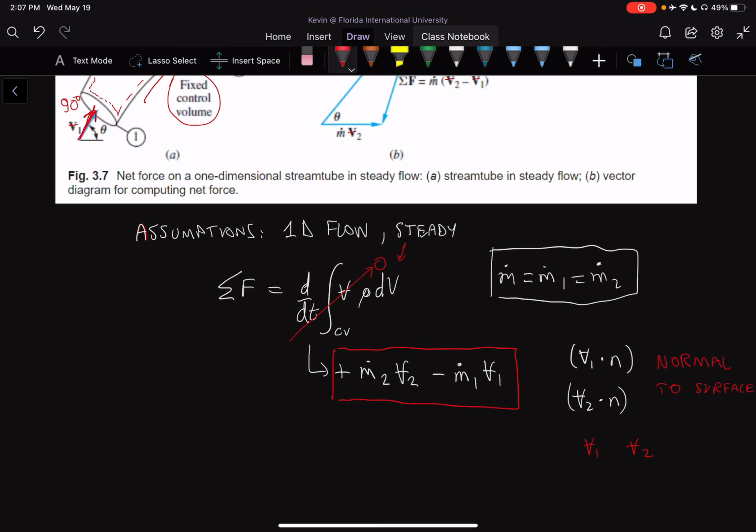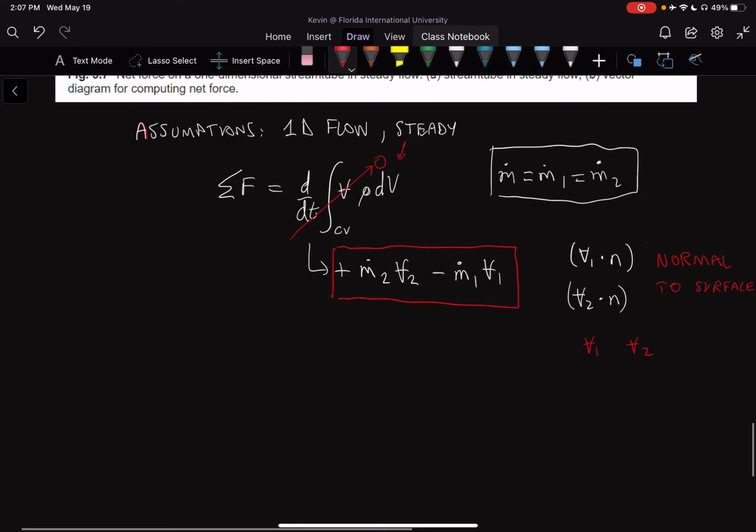So now, even though we have angles, we don't really need to work out what the angle is doing. We just need to figure out what's happening in terms of our system, and it makes it very easy to work out.